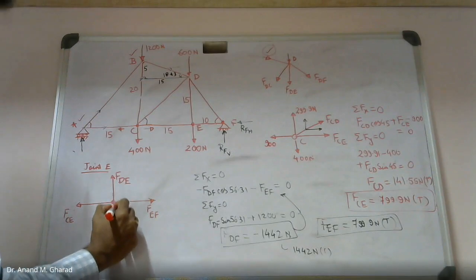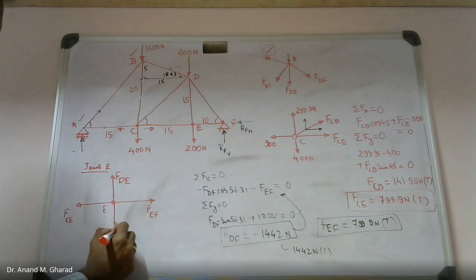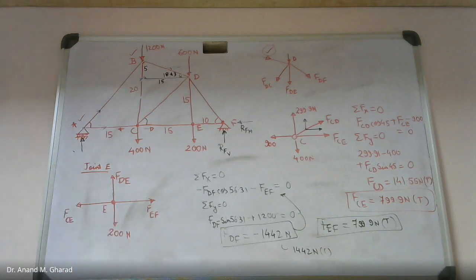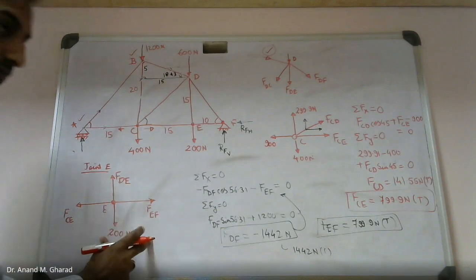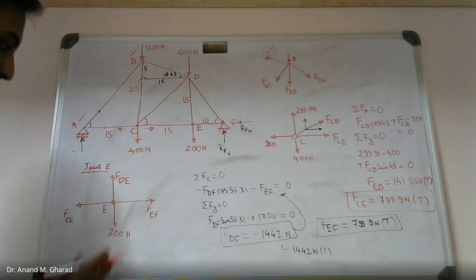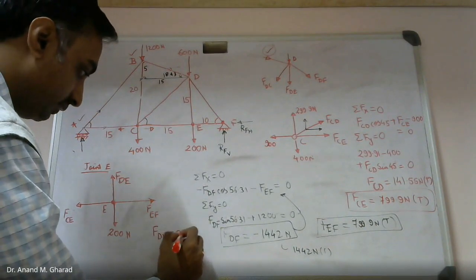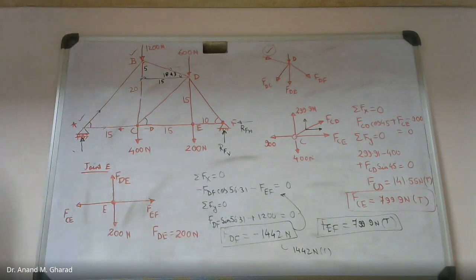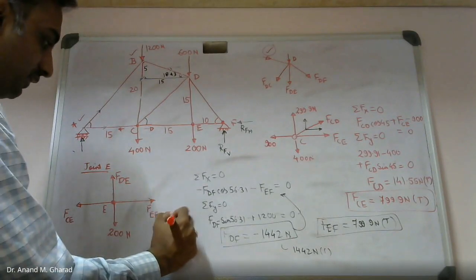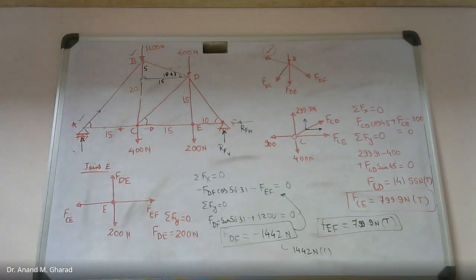Also, you will find that there is one force attached at joint E. Magnitude is 200 Newton. From here it is very clear that force in member DE shall be equal to 200 Newton, isn't it? If I apply summation of force in y direction equal to 0, with the help of this concept, FDE will be equal to 200 Newton.